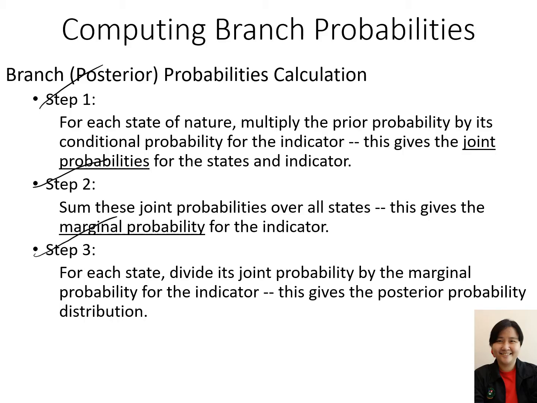And step 3, we divide the joint probability by the marginal probability to get the posterior probability. Let us now attempt to solve a problem regarding the computation of posterior probabilities so that we can fully appreciate the steps involved in doing so.